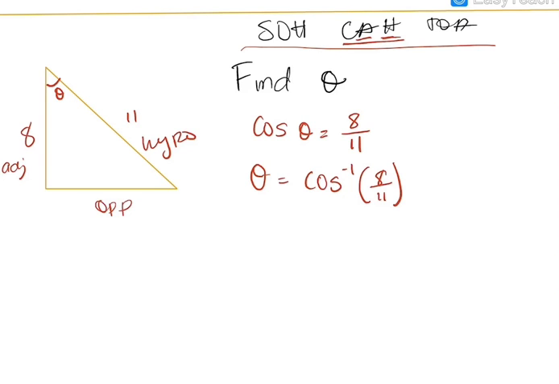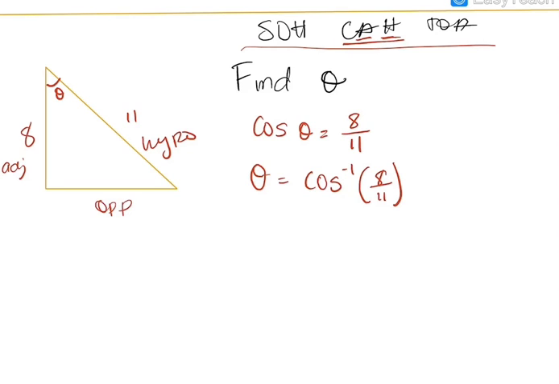So I'm going to enter that into my calculator. When I click the inverse cos button, it automatically opens a bracket for me. So I'm just going to put 8 divided by 11. If it doesn't open up a bracket for you, you could open one for yourself and put 8 divided by 11. Or you could put the multiplication sign.